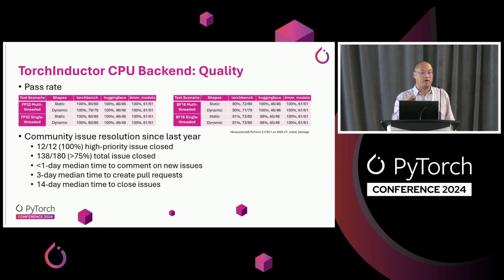At this point, there are only a few failures from the BF16 inference, but in fact, most of these failures are due to the test cases themselves. We are also closely monitoring community-reported issues to make sure that we respond and fix them in a timely manner.